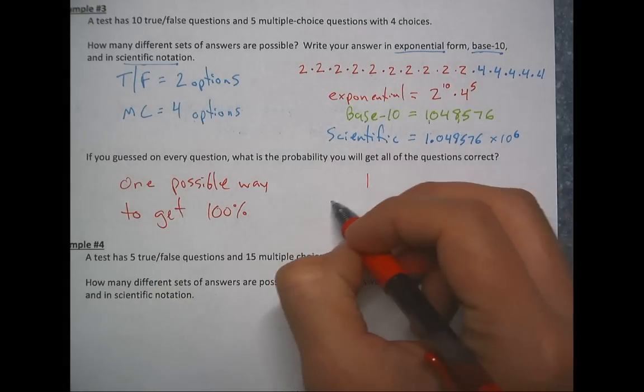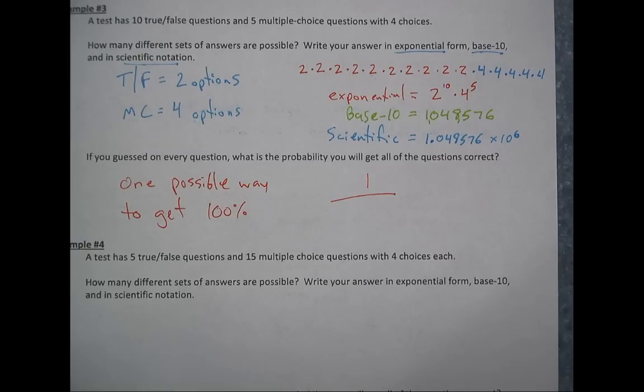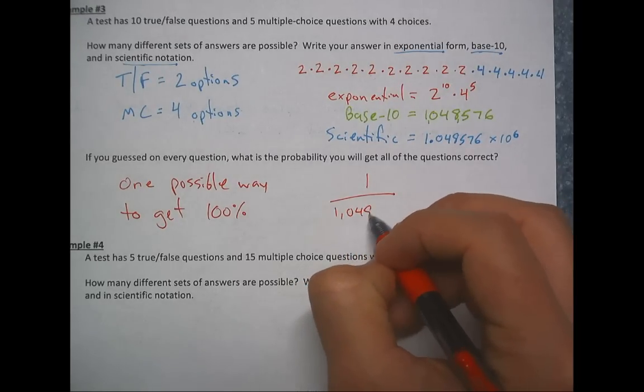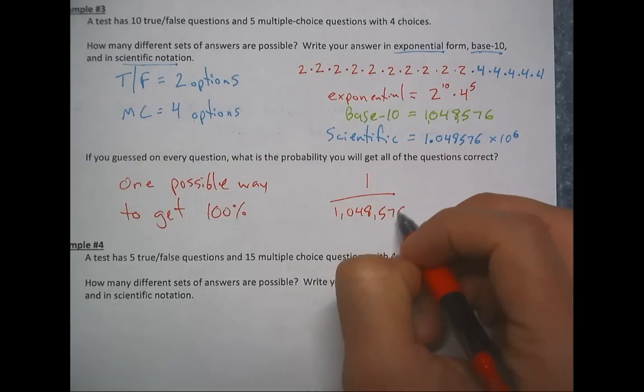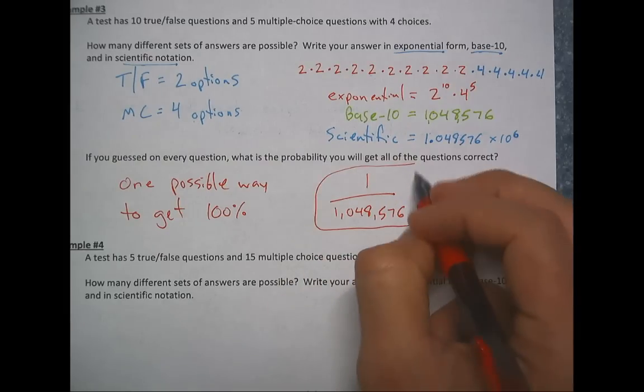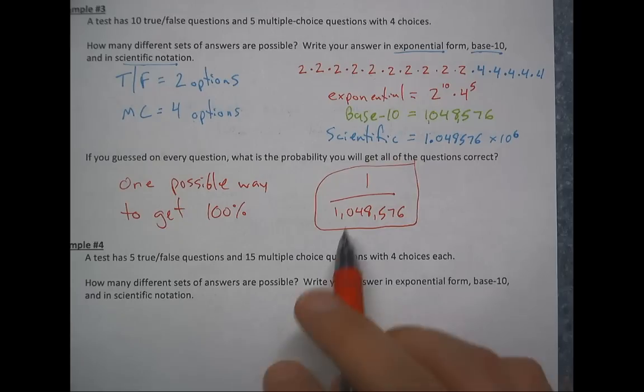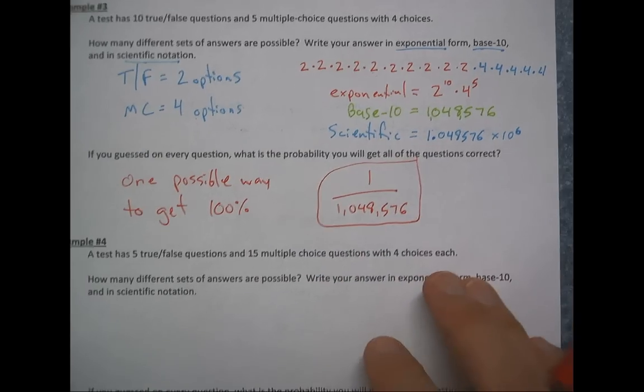So it's a 1 out of, and how many different possibilities are there for the way you could have guessed this number? 1,048,576. So if you guessed on every single question, the chance of you getting 100% is 1 in a million, and actually more than a million.